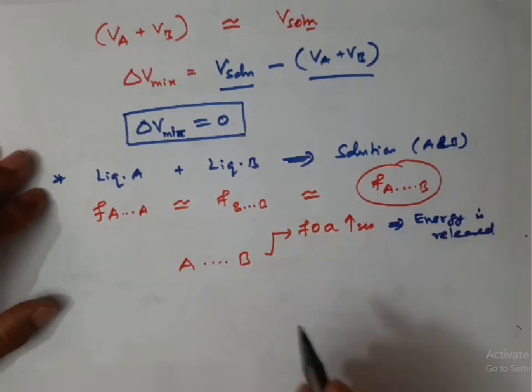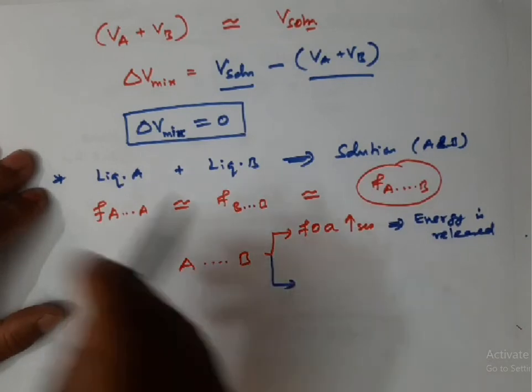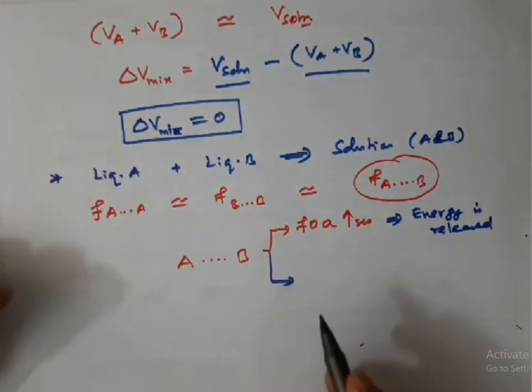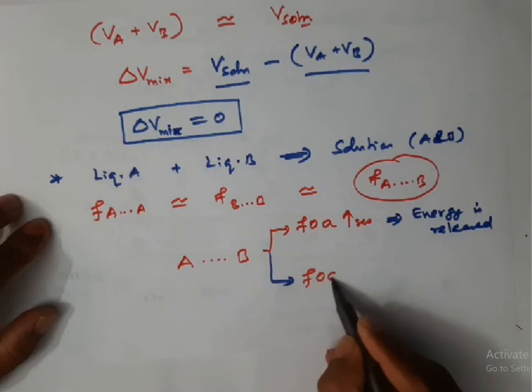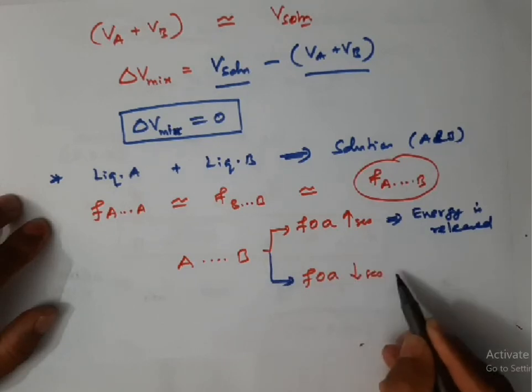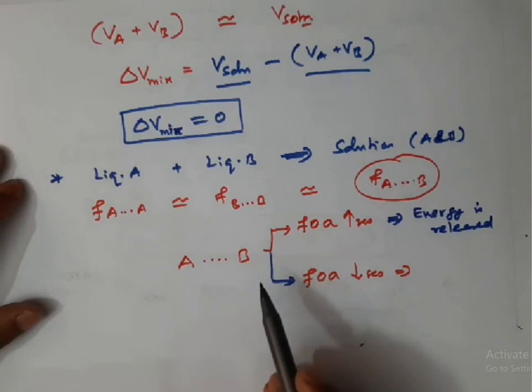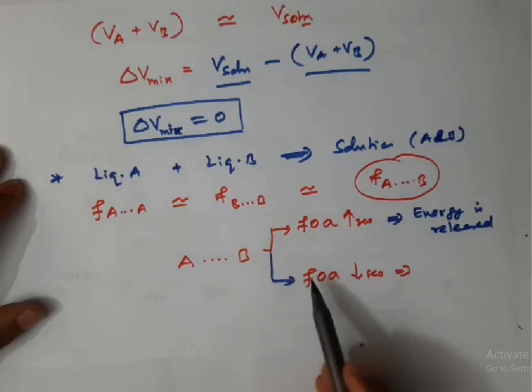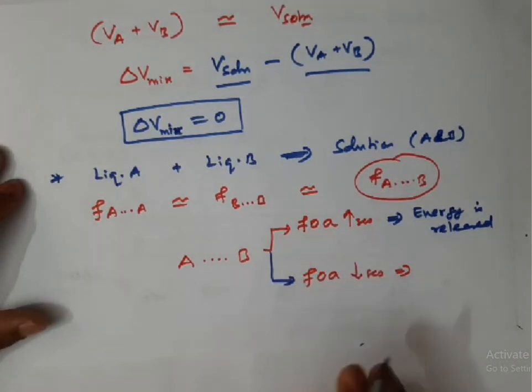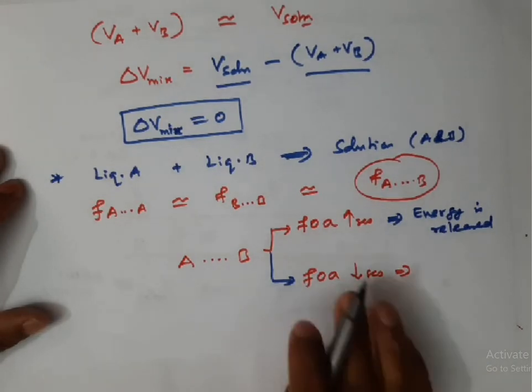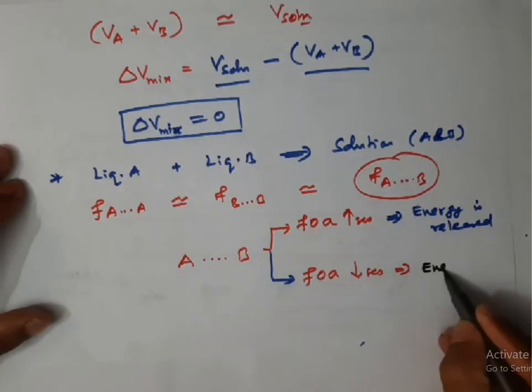Similarly, in some cases force of attraction may decrease. If force of attraction decreases, that means repulsion is more. Between A and B, repulsion arises. When repulsion exists between A and B, or I can say force of attraction decreases, then energy is absorbed.